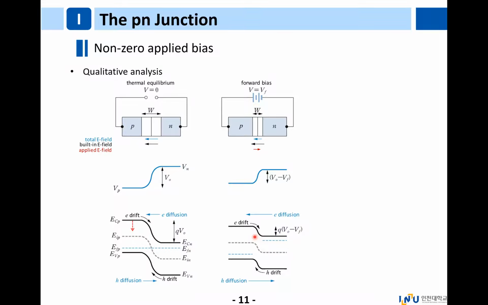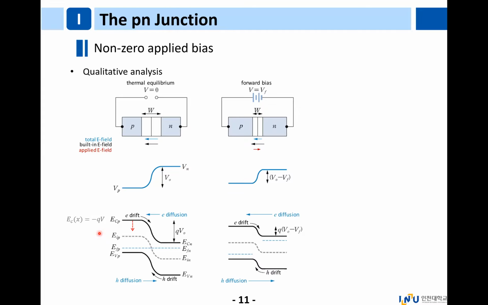Why does applying a positive voltage lead to a downward shift of the bands? Energy bands represent the distribution of potential energy, right? Minus qV.